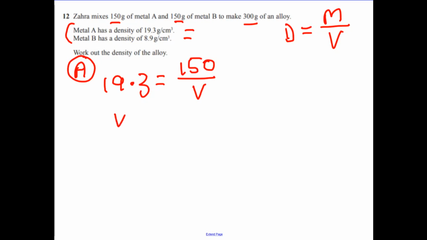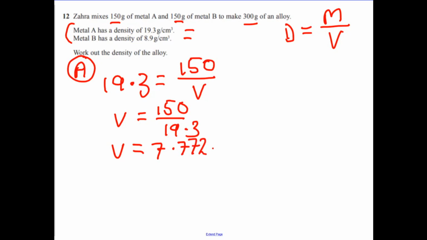If I multiply both sides by the volume and divide by 19.3, it just becomes this here. So the volume of A equals, if you work that out on your calculator, 7.772, and then there's a little bit more to it as well.